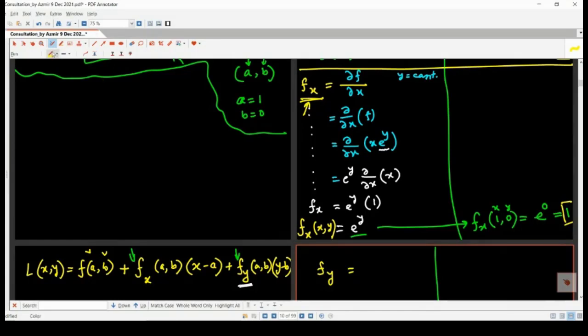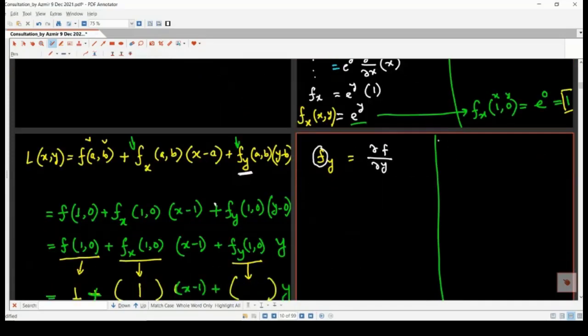Which function do I have to differentiate? I have to differentiate f with respect to y. Since I am differentiating with respect to y, x will be constant.